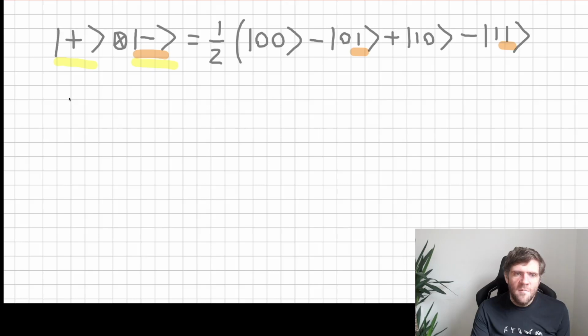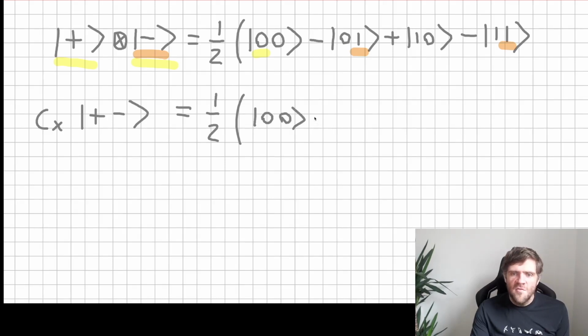Okay, let's apply our control knot to this particular state. And basically, when we're applying a controlled knot to this state, which we can call plus minus, then we can just go through all of the basis states and see how the controlled knot gets applied to each of them. In this first case, we are controlled on 0, so nothing happens, and this basis state goes through unchanged.